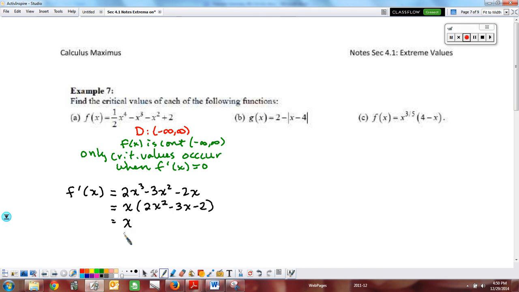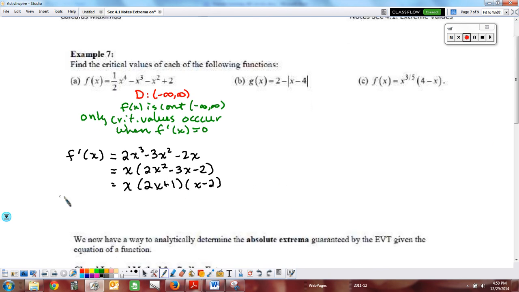Let's see if this factors a little bit farther. We have a 2x and an x and a 2 and a 1, and let's do minus and plus. With our derivative equal to 0, and this is where you have to be very careful about your notation and your linkage, we would say f prime of x equals 0 when x equals 0, x equals -1/2, and x equals 2.